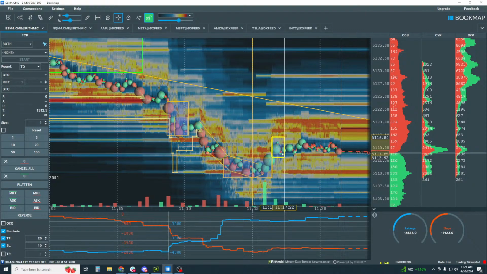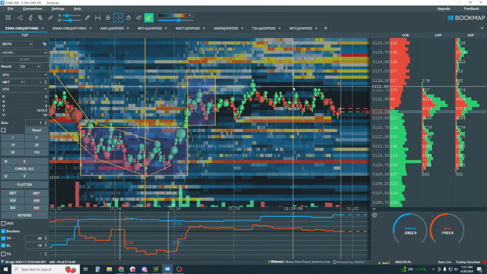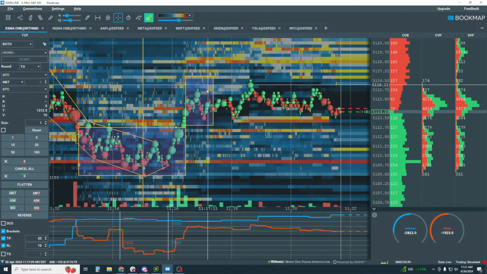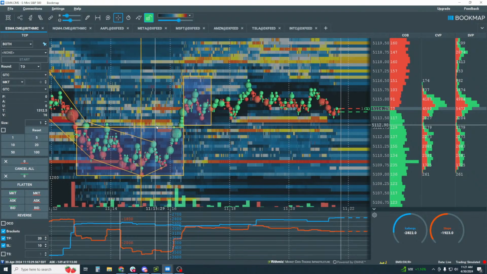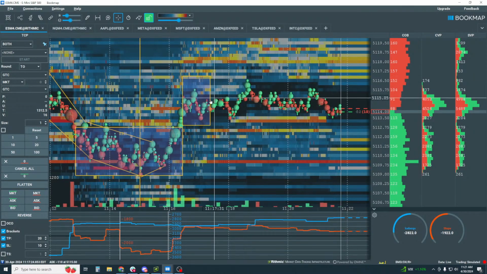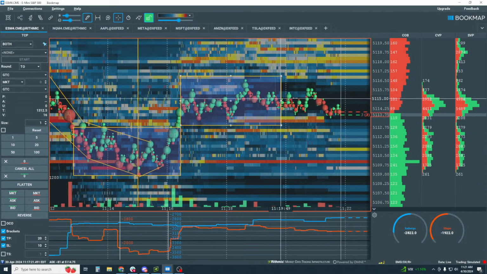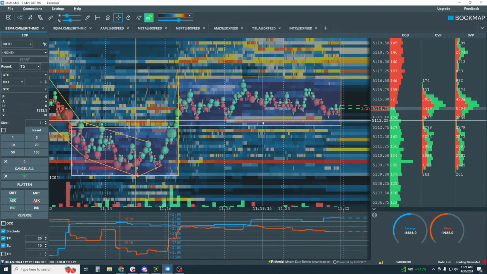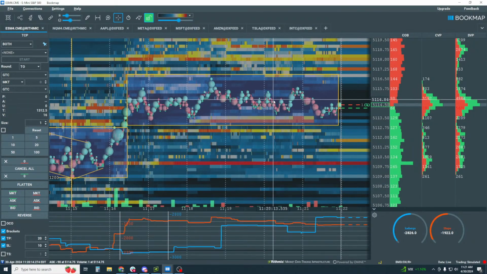Since this move is finished, we now have a new zone up here. We can look for criteria in this zone because this move is finished. We're looking at the context of buyers and sellers in the auction with their limit buy and sell orders, as well as the aggressors.